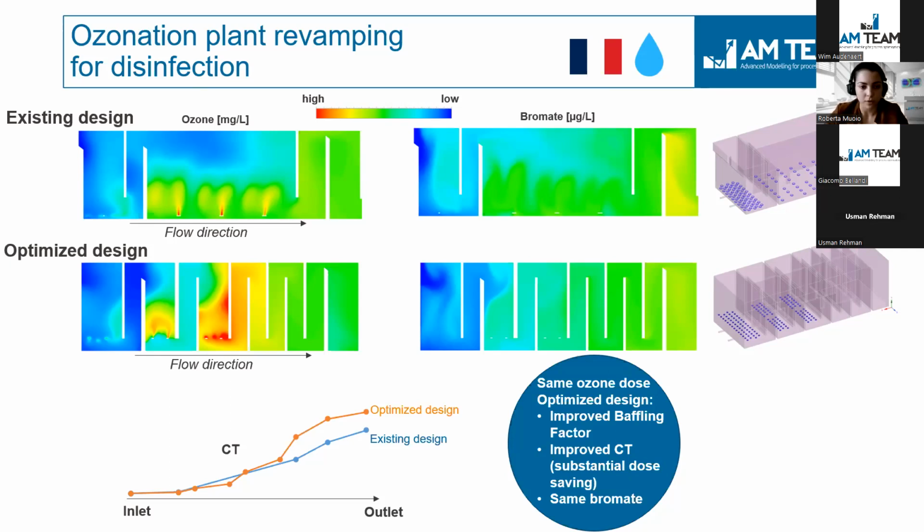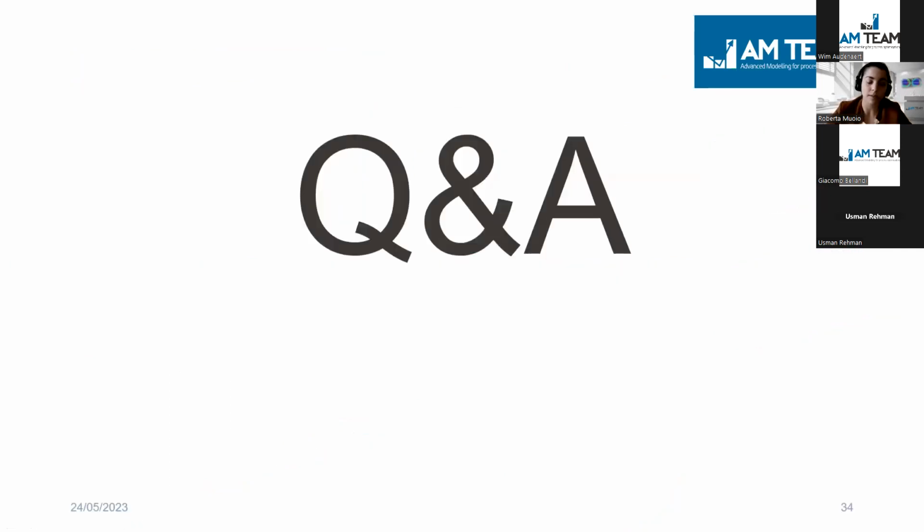So the bromide formation is the same, but we have a different ozone residual distribution along the reactor, thanks to the different design configuration. And now if we look at the bottom graph, we can see that in the optimized design, we can have a much higher CT, so contact time, compared to the existing design. So actually, this means a lot of dose saving to meet the minimum CT in winter and summer conditions.